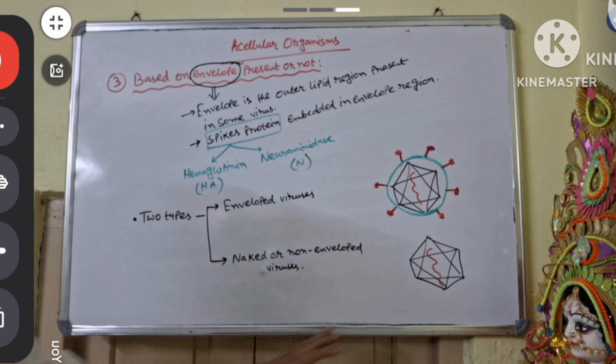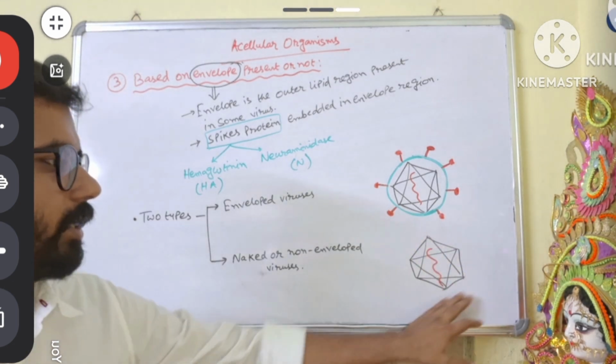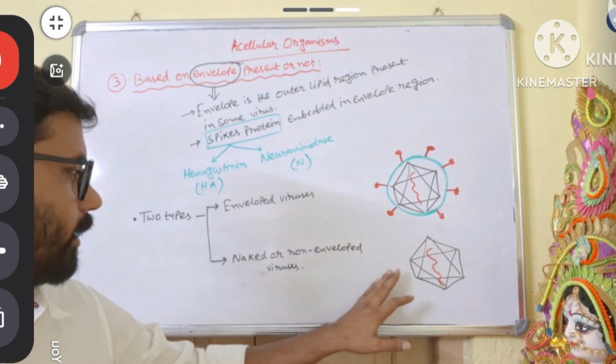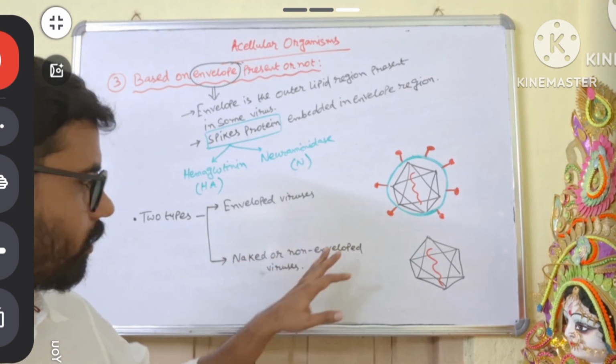So in case number 2 there is no spike protein and no lipid layer, that's why they are called naked or non-envelope.